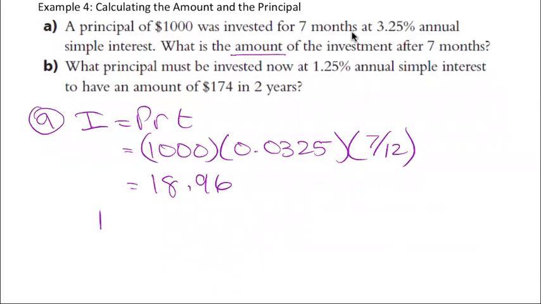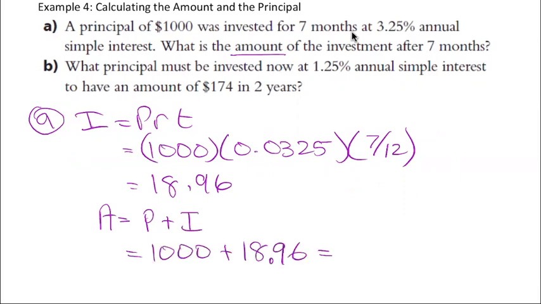And then my amount is going to be my principal plus my interest, which is equal to 1,000 plus 18.96, which gives me $1,018.96. One line in dollars. Big argument one year with some students.